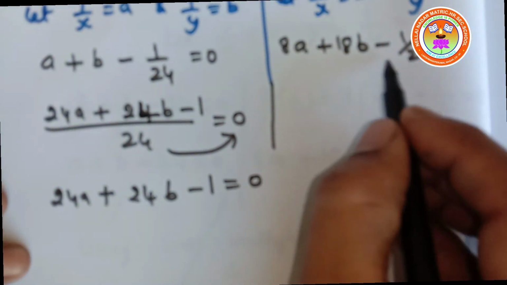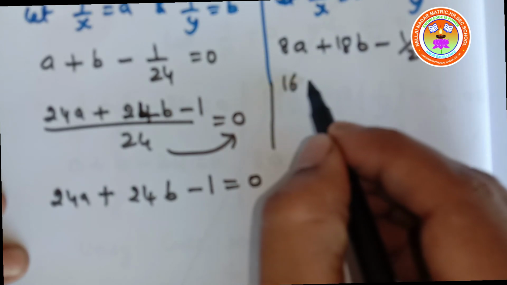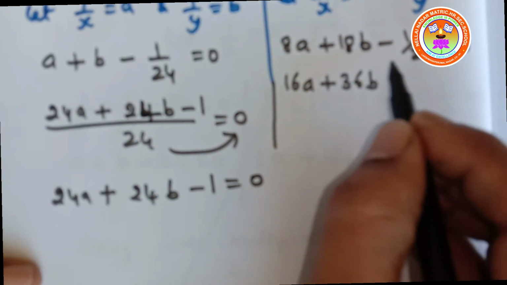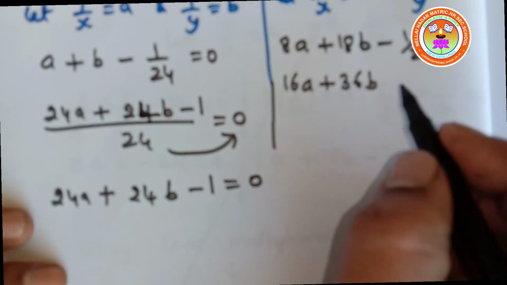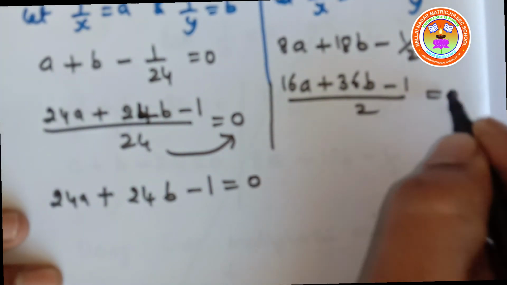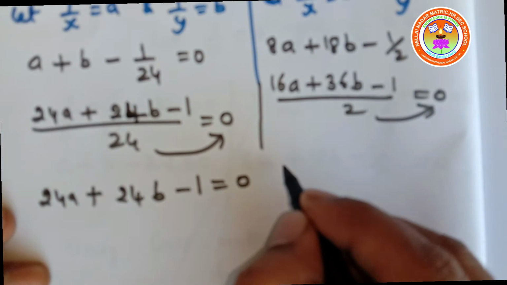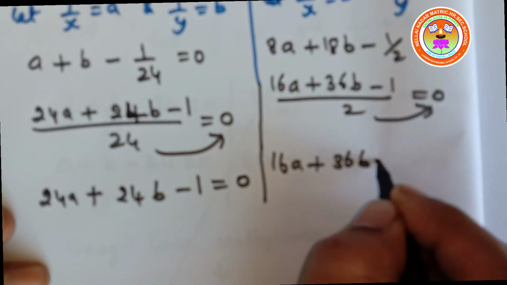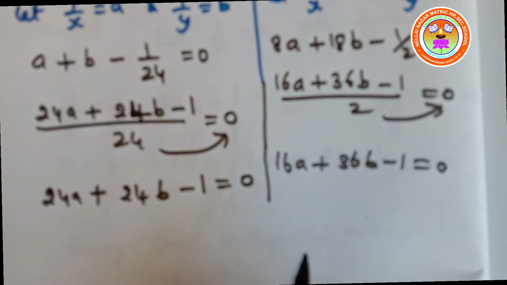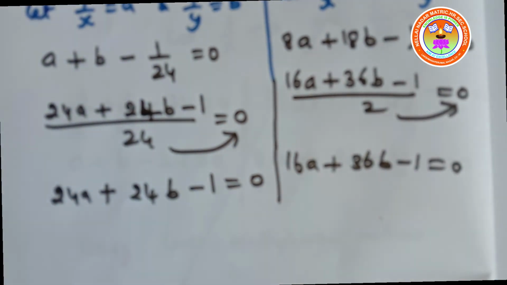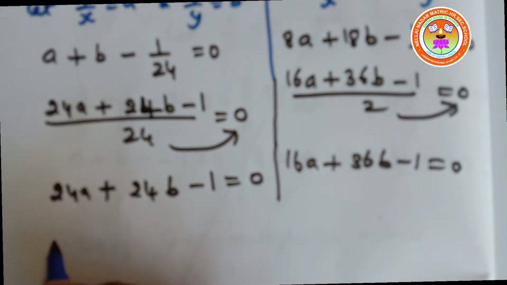Now here take LCM. 8 twos are 16a, 18 twos are 36b, minus 1 divided by 2 equal to 0. 2 into 0 is 0, that is 16a plus 36b minus 1 equal to 0. It's clear, children?